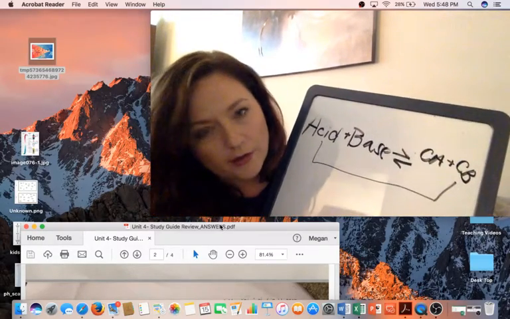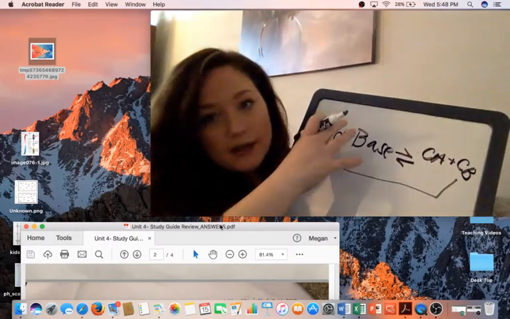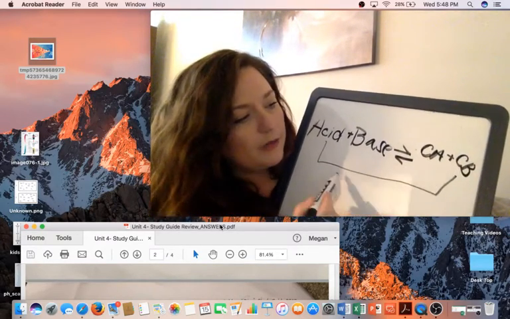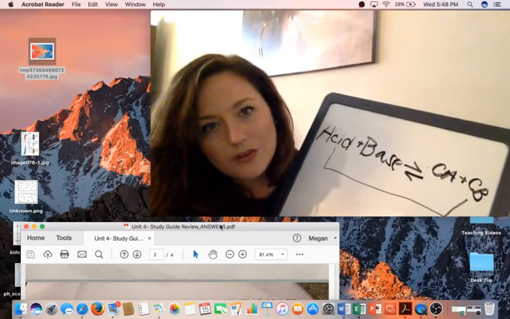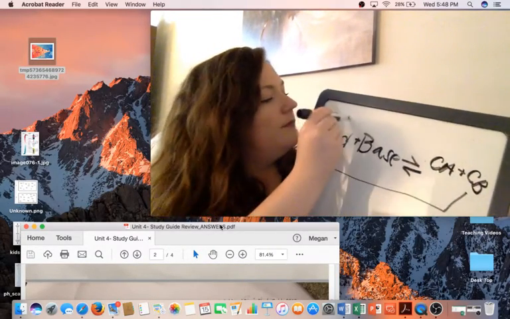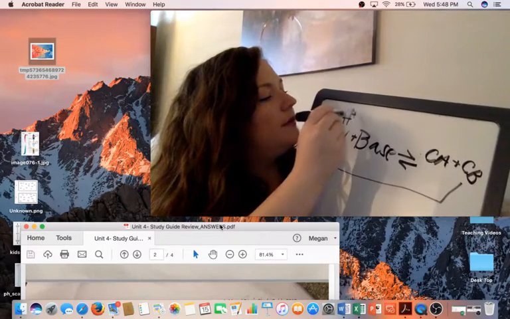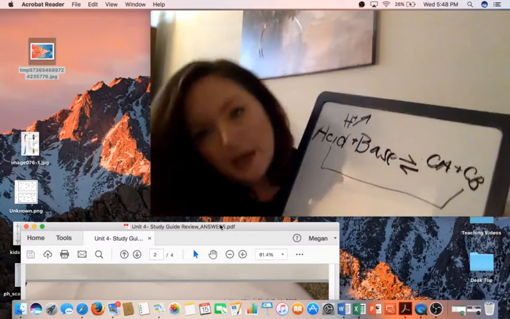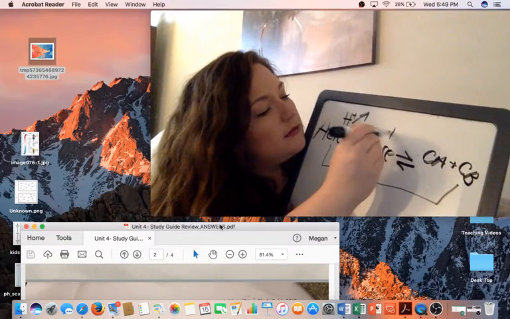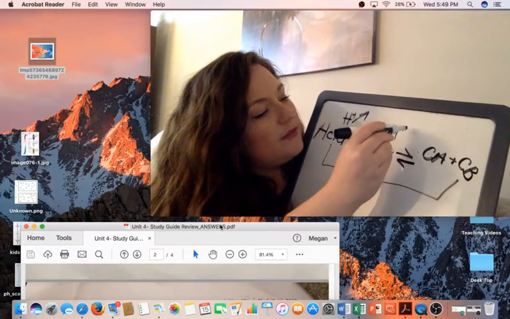It's a two-way arrow, meaning that the reactants become products, but also the products can become reactants. So when Bronsted-Lowry's model states that an acid gives up a hydrogen, the base is who's going to receive it.